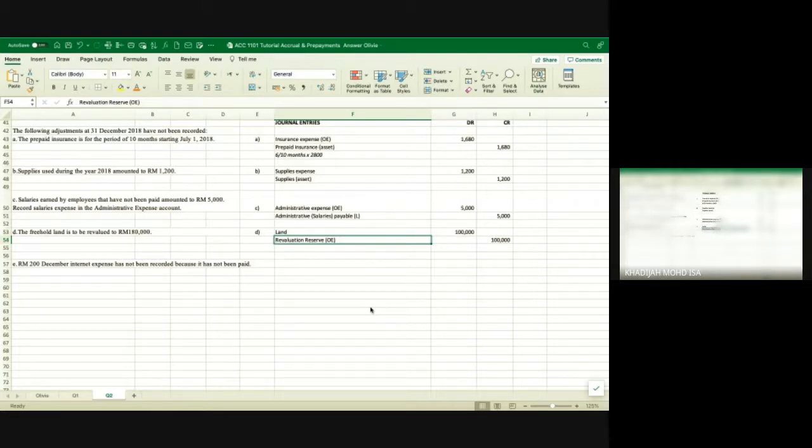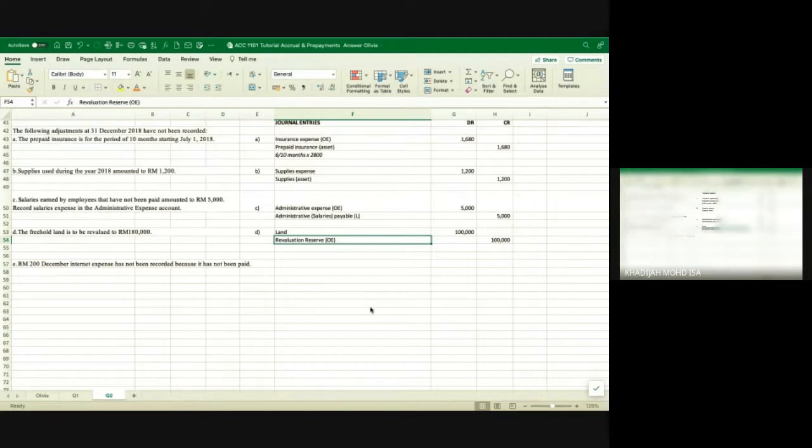So why now we involve owner's equity? Because when you buy the land, for example, the cost of the land values at 80,000, but now it appreciates. You don't have to pay anything, but the land, the asset now increased by 100,000. So once your value of asset increased by 100,000, it must be represented in your owner's equity.